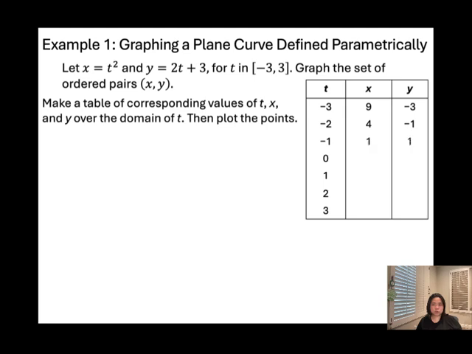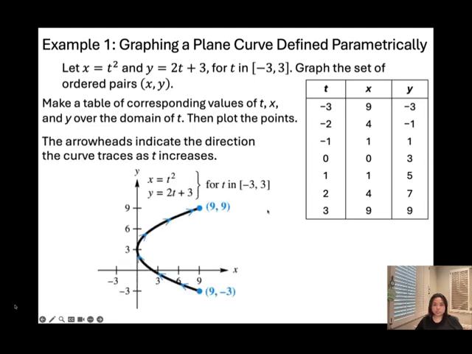Okay, check your work. Based on the table, you do have the x and y coordinates. You could put them on the graph here. You're going to see the direction.